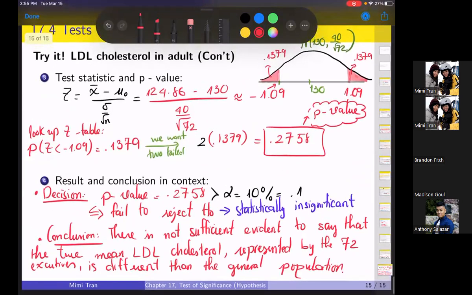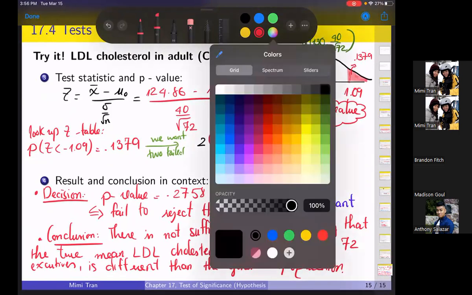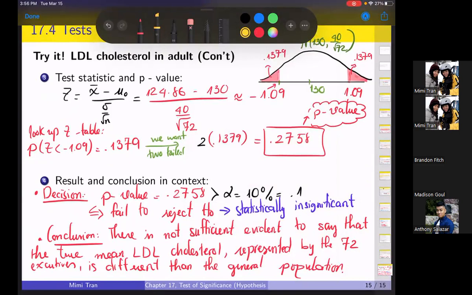Let me highlight what I want you to say. The one in yellow is going to be all generic. Hypothetically, if I reject H naught, say with something small like 0.05 or 0.03, less than 10%, and I have statistically significant results, then my conclusion will be there is sufficient evidence. If it fails to reject, there is not.